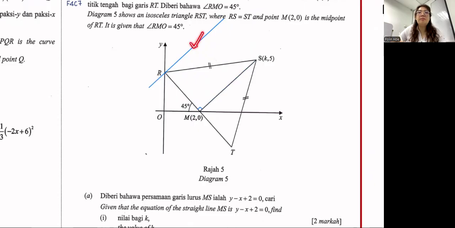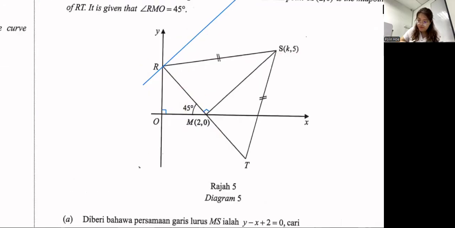The gradient for this blue line will be the gradient of straight line MS. I have two points, so I can find the gradient. But you may ask, teacher, I don't know the coordinate of point R. My dear friend, you know it because tangent 45 degrees equals 1. This is the Cartesian plane, this will be 90 degrees.